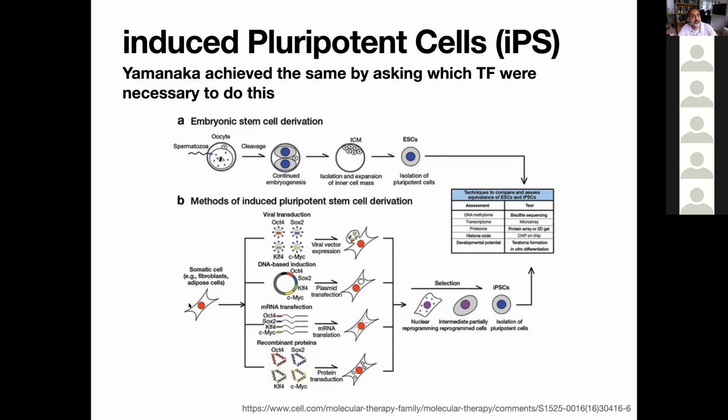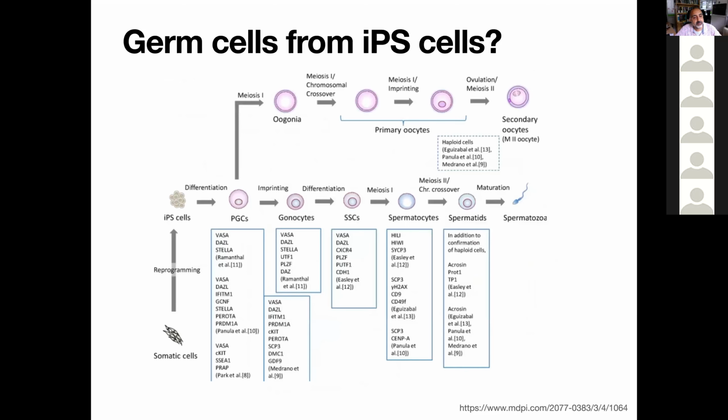And so this is induced pluripotent cells. I want to finish this lecture just talking about this. It's possible to make germ cells from iPS cells. The way to differentiate iPS cells into spermatozoa or oocytes has been worked out.